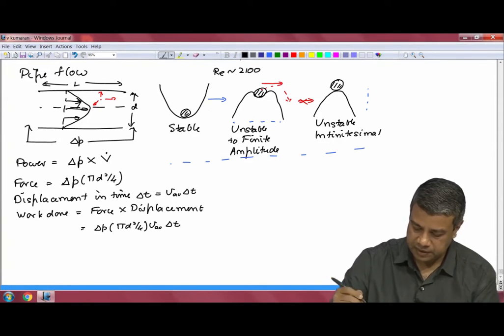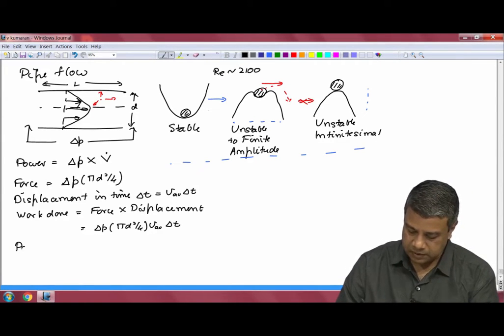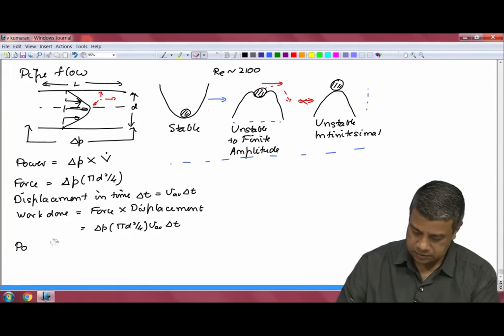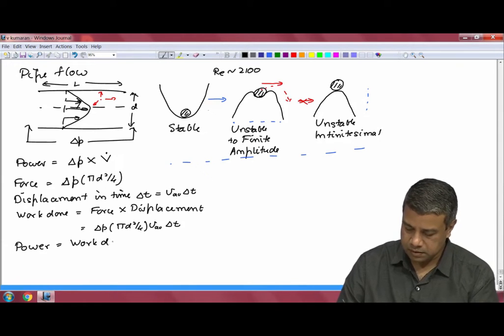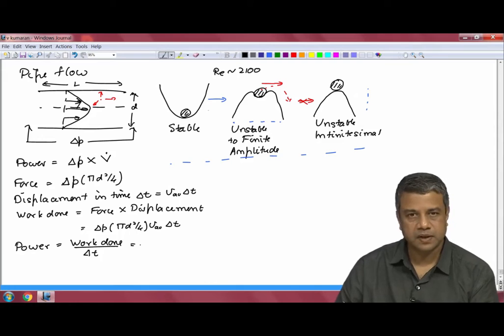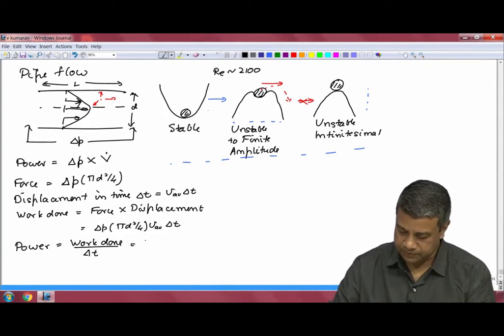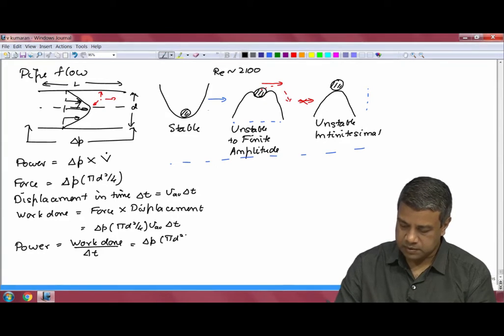And therefore, the power is equal to work done divided by the time, which is equal to delta p into pi d square by 4, the cross sectional area, into V average.